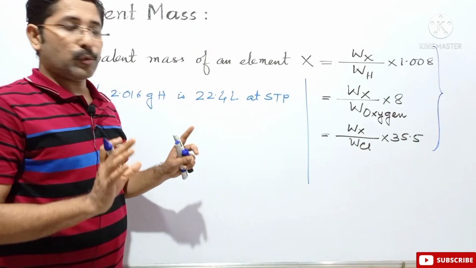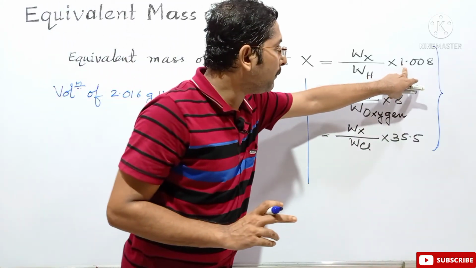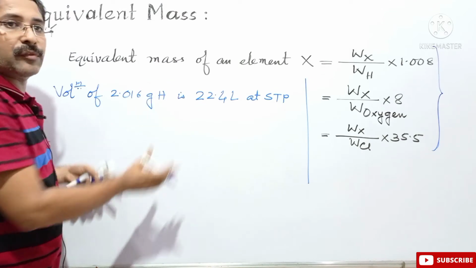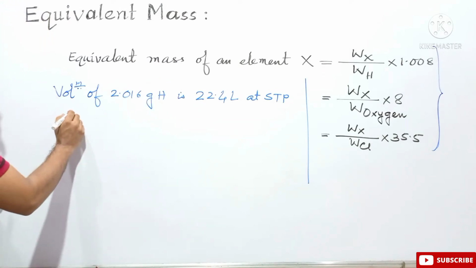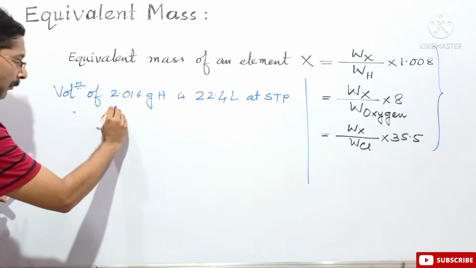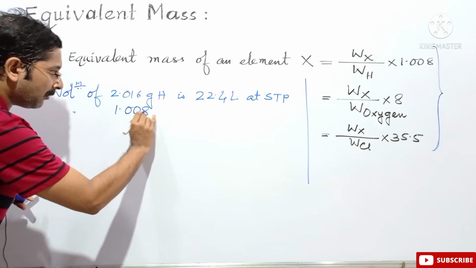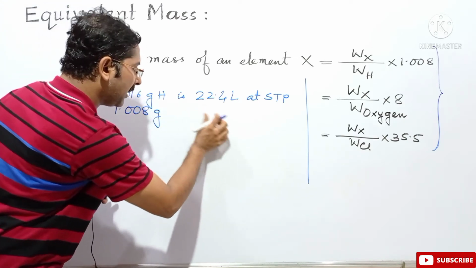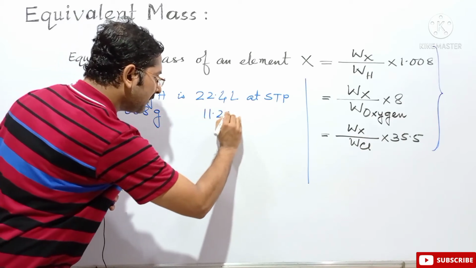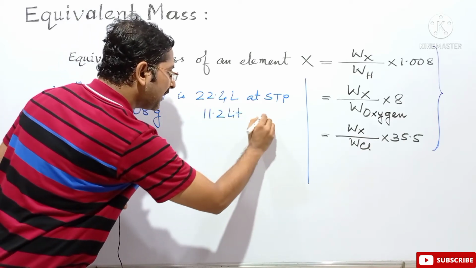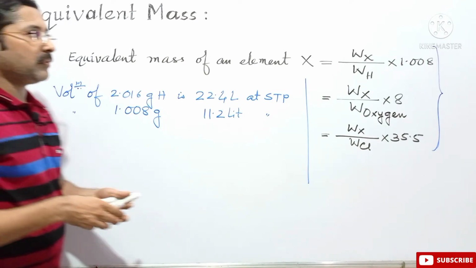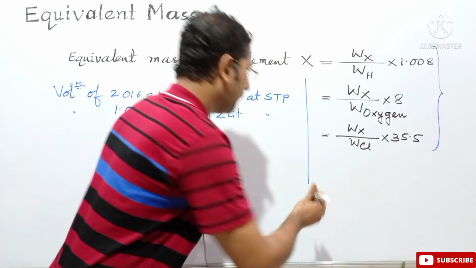So we can substitute this 1.008 gram of hydrogen by its volume. The volume of 1.008 gram of hydrogen is obviously 11.2 liter at STP, of course. Now modify this equation, look what will happen.